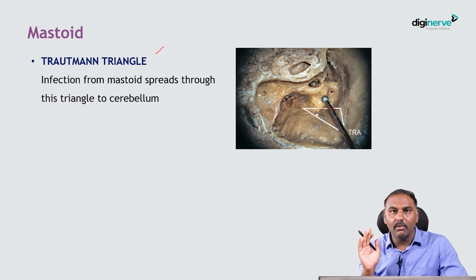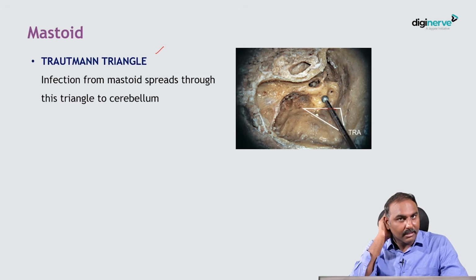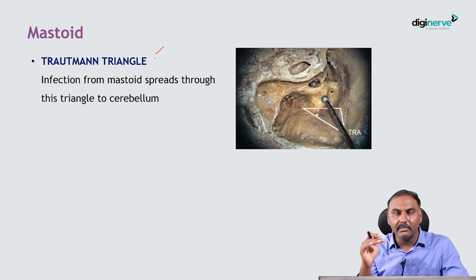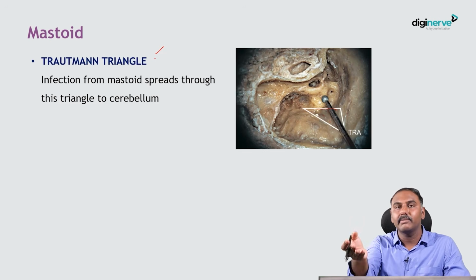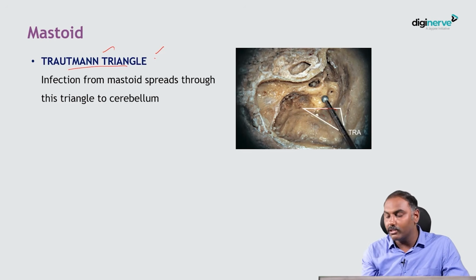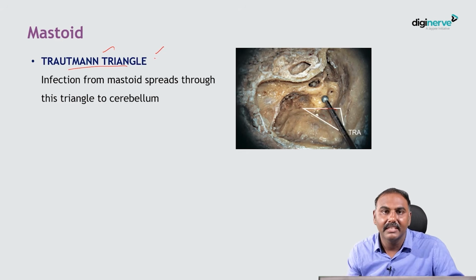So they will ask you which is the site of infection spread from the mastoid into the cerebellum. The triangle is called Trotman's triangle. Just have the name with you.